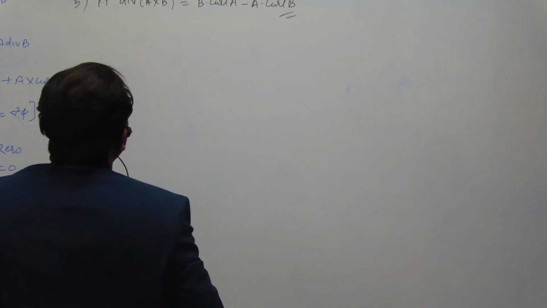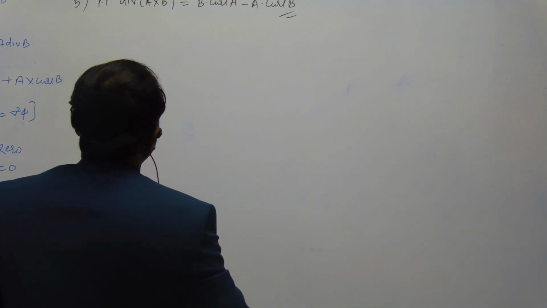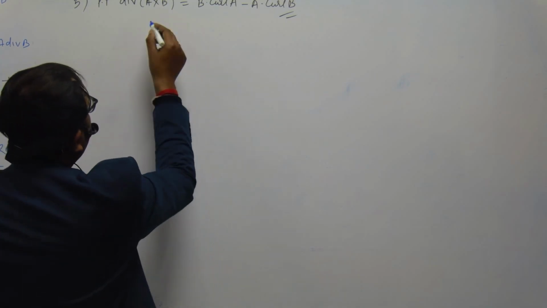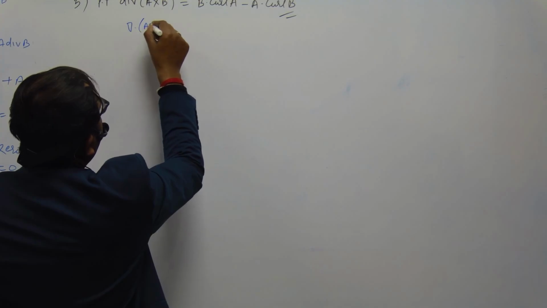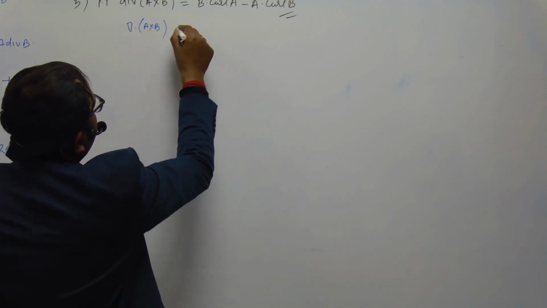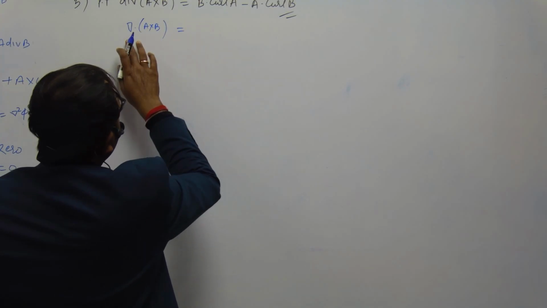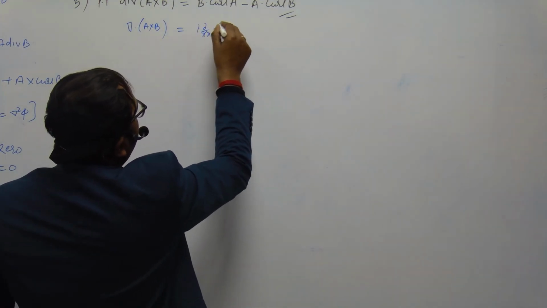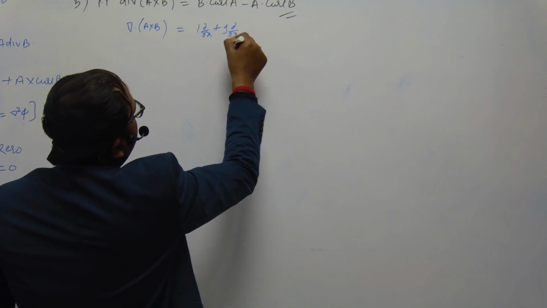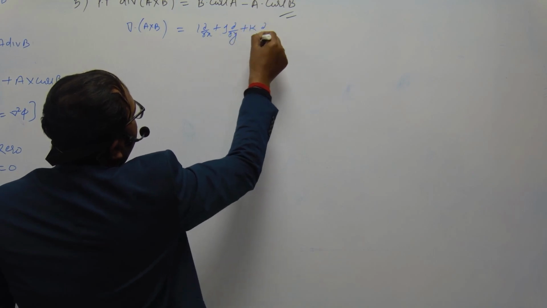We have the divergence of A cross B. We can write this as del dot A cross B. Let us write down the vector differential operator: i del upon del x plus j del upon del y plus k del upon del z.